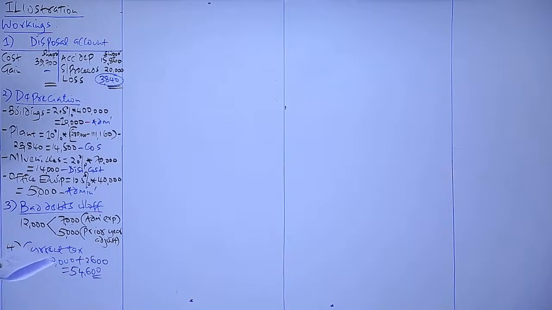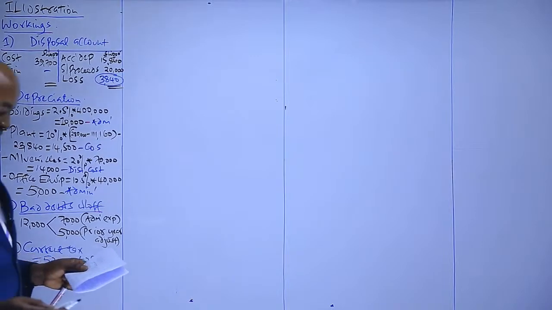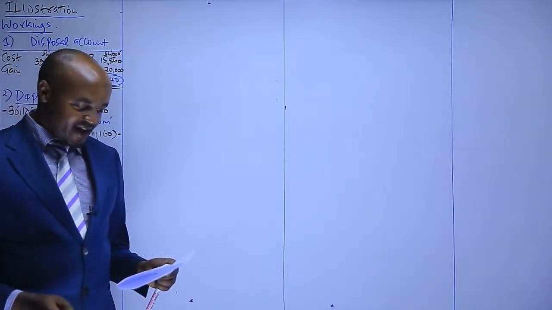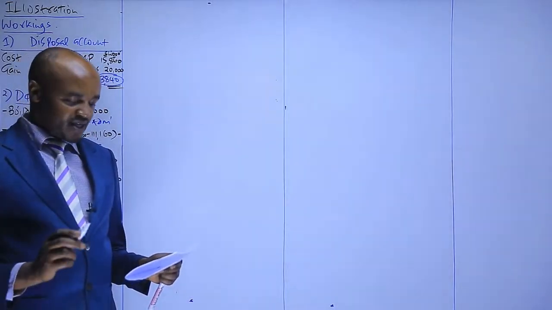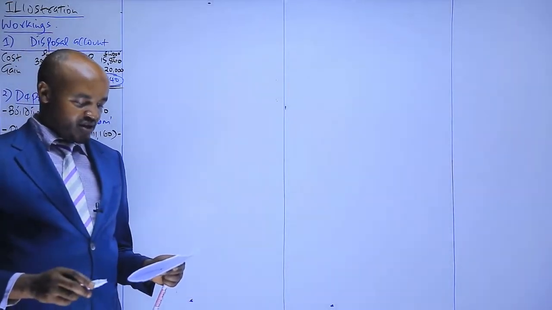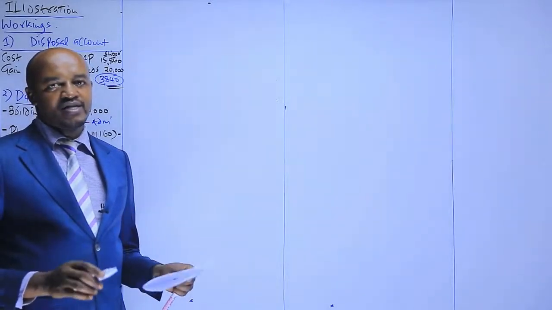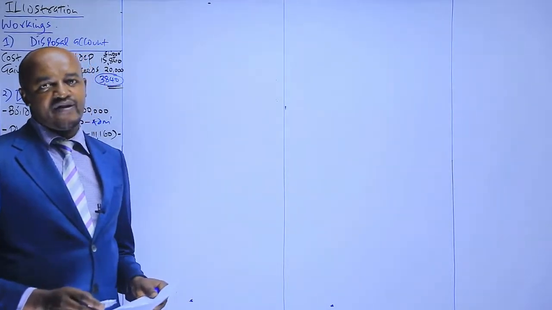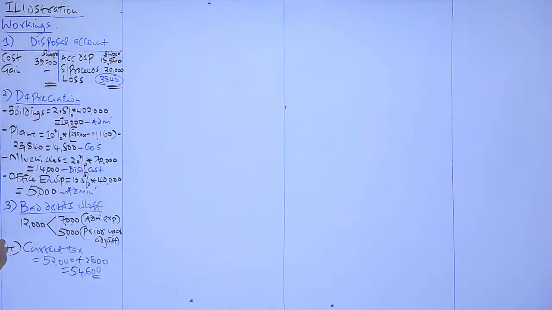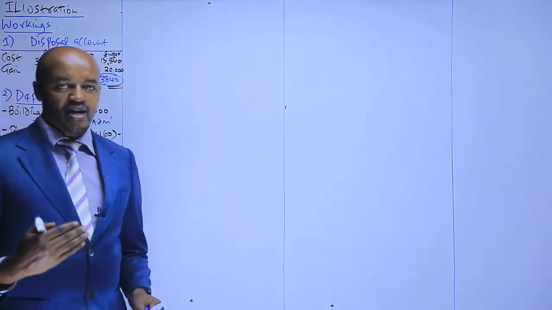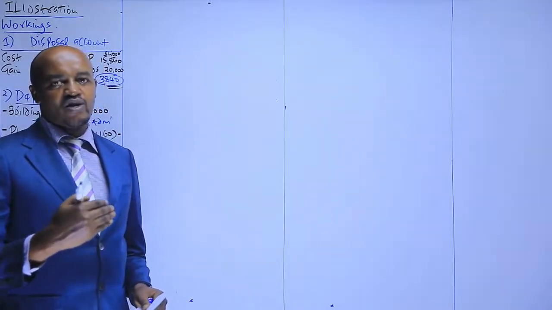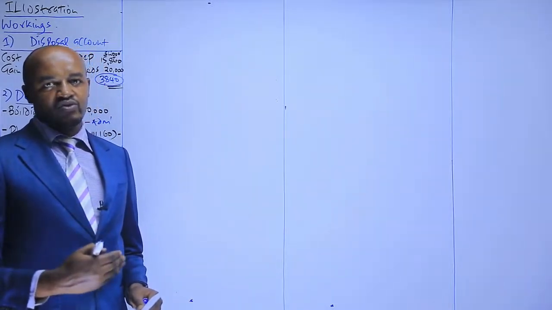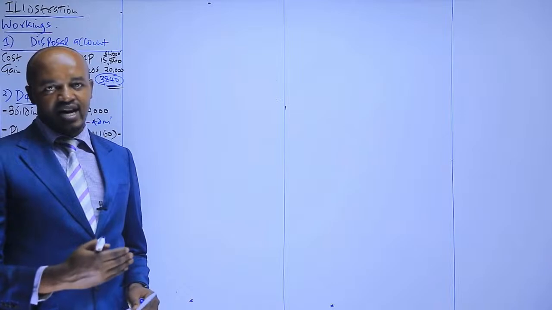In the same point, we are told there was a decrease in deferred tax provision. A decrease in deferred tax provision in the income statement is accounted for as a deferred tax income. Because it's a decrease, just the same way we account for a decrease in provision for doubtful debt. A decrease in provision for doubtful debt, we account for it as an income.